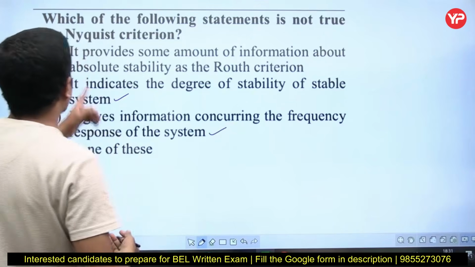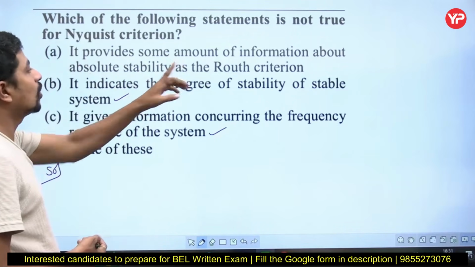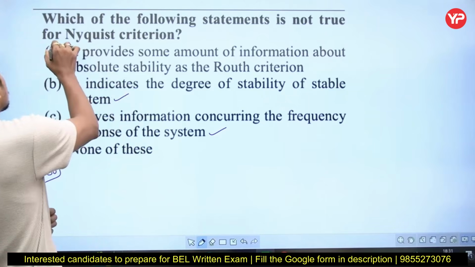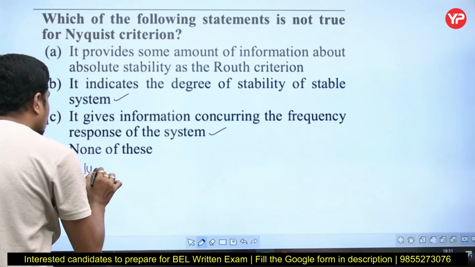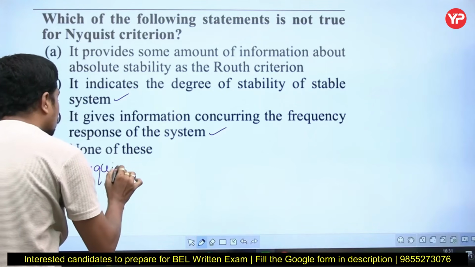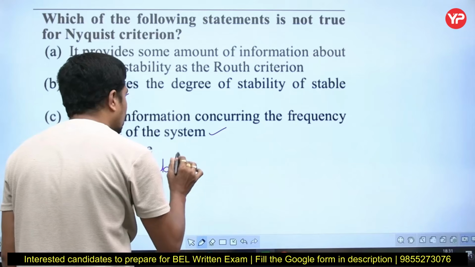Yes. It provides some amount of information about the absolute stability as the Routh-Hurwitz criteria. No, this is not correct. Nyquist stability criteria gives full information, not some amount.